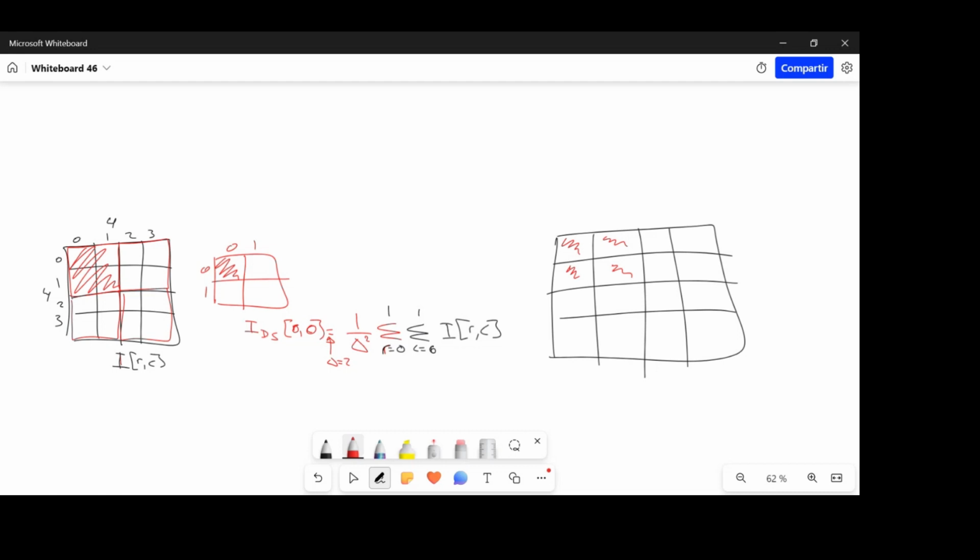So this is the downsampled image. When I go from here to here, I am downsampling, and from here to there, I am upsampling, and this depends on the pixel size.